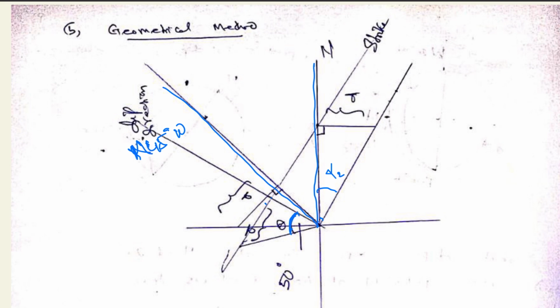So draw alpha 1 or alpha 2. At any point you just draw a perpendicular to the apparent dip direction. Let us say this is the, so you measure this spacing, which will be depth.